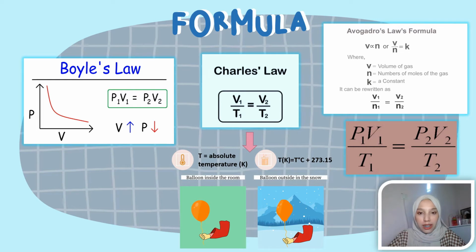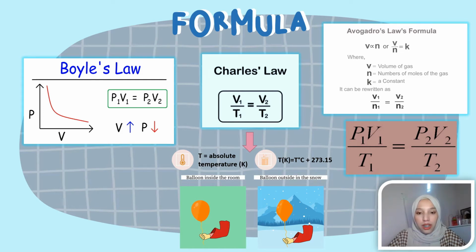Okay, the second is Charles's law: V1 divided by T1 equals V2 divided by T2. For Charles's law, we must convert the temperature to Kelvin. How do we get the value in Kelvin? The formula is temperature in Celsius plus 273.15, and we get the value in Kelvin.